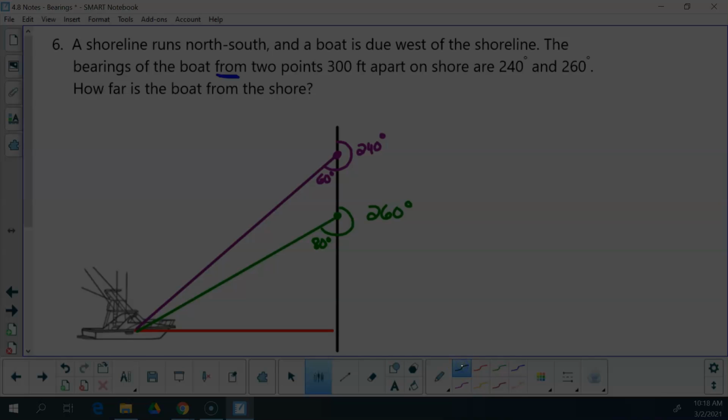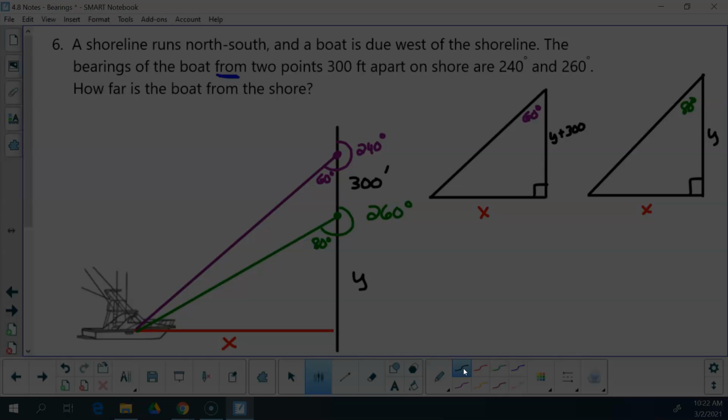We also know that this distance here is 300 feet. We need to find how far the boat is from shore, but we're also going to have to find that length too. Okay? Try it based off of that.